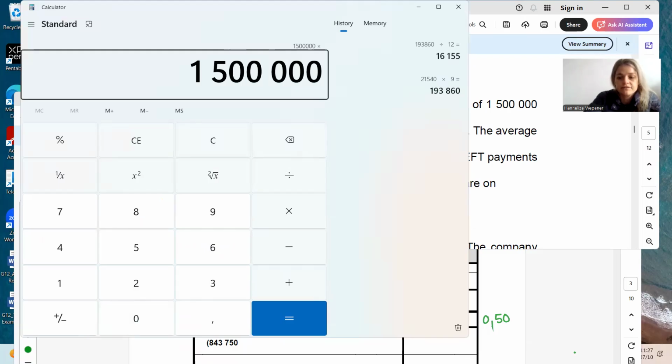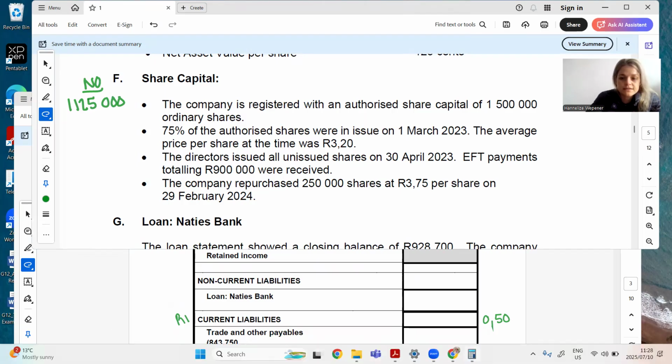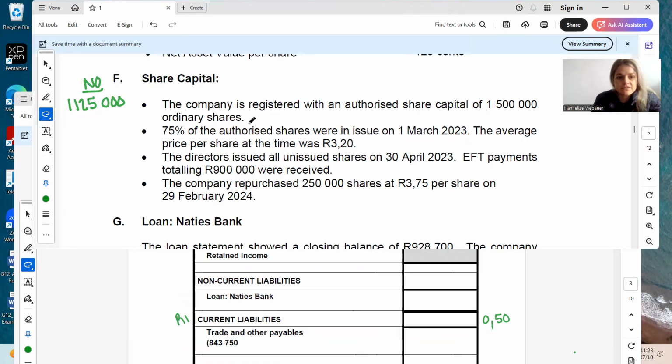So 1.5 times 75%, so 1.125 million. Okay, so this is the number of shares that were in issue. And then the average share price was 3.20 rand. So times 3.2. And that's 3.6 million rand that you then received.